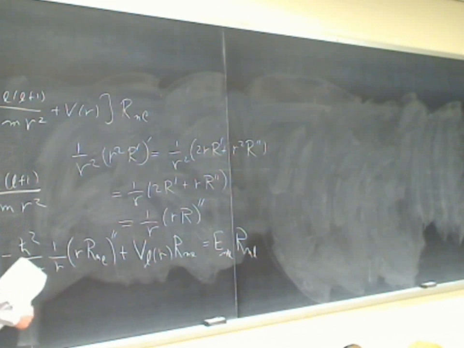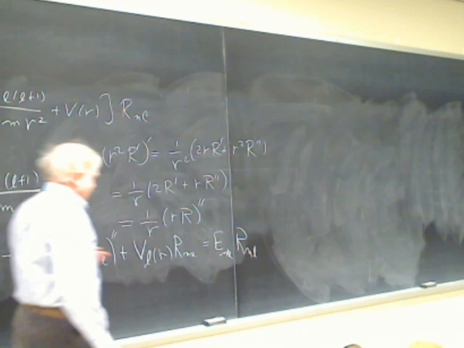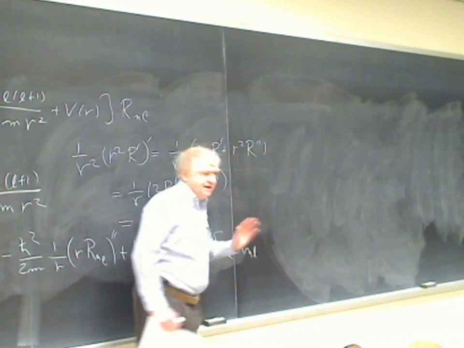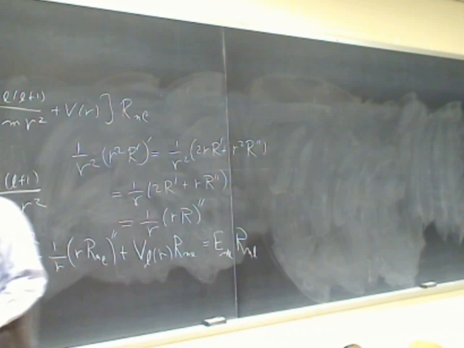The reason that E depends just on n and l and not on m is that it's a central potential.